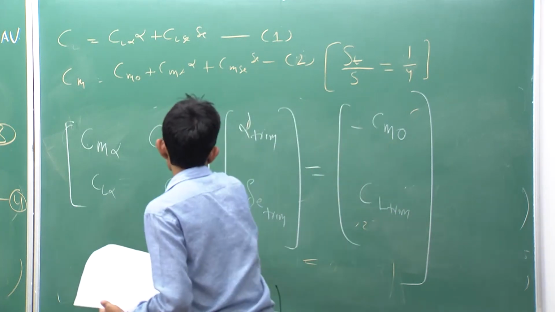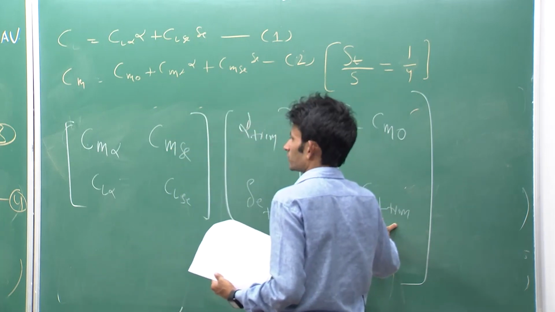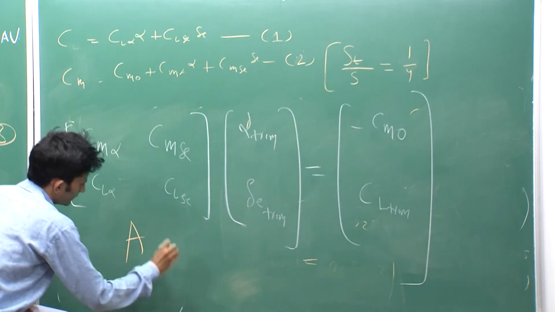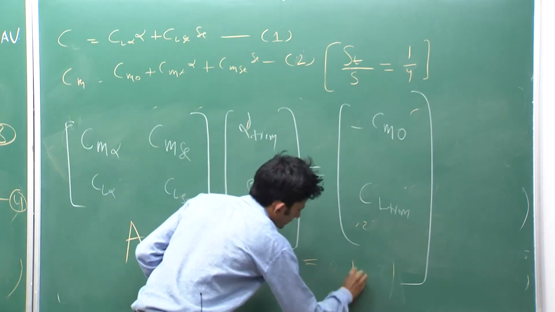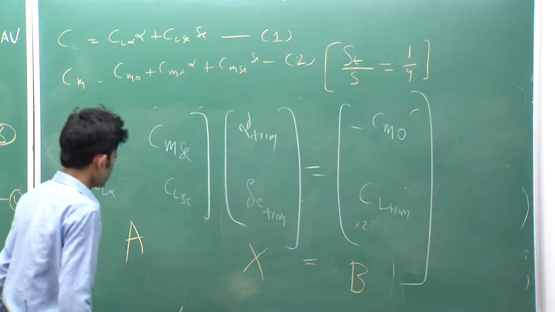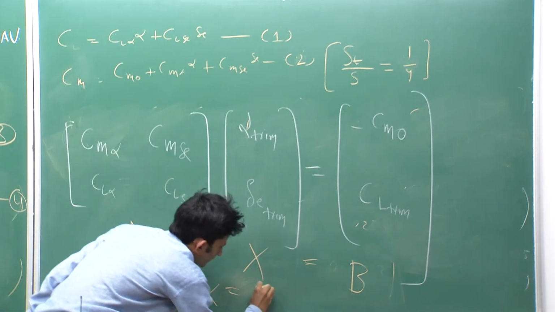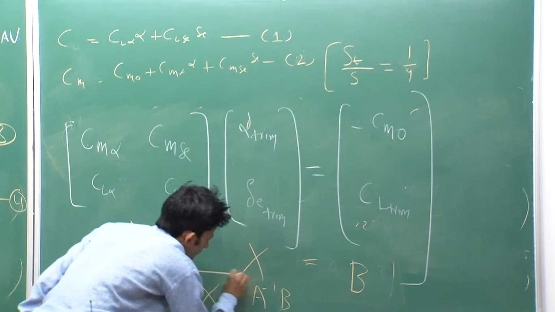If you multiply this row to this column equated to this, you will get equation 3. Basically, this is matrix A, this is the unknown matrix X, and this is matrix B. You want X, right? So X will be A inverse B. This will be your solution.